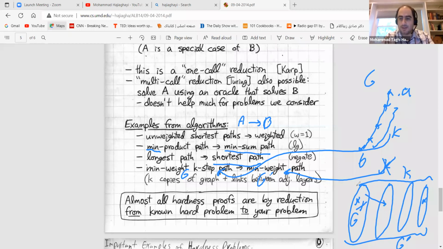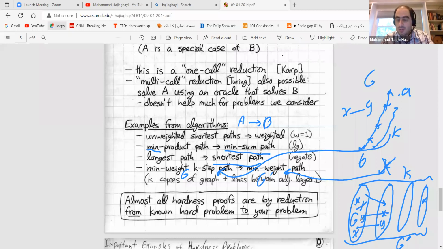So if in the G graph you have an X and Y edge, how do I put it here? I will put X here and Y here, and I will put an edge. I can also do the reverse: if I have Y here and X here, I will also put an edge.